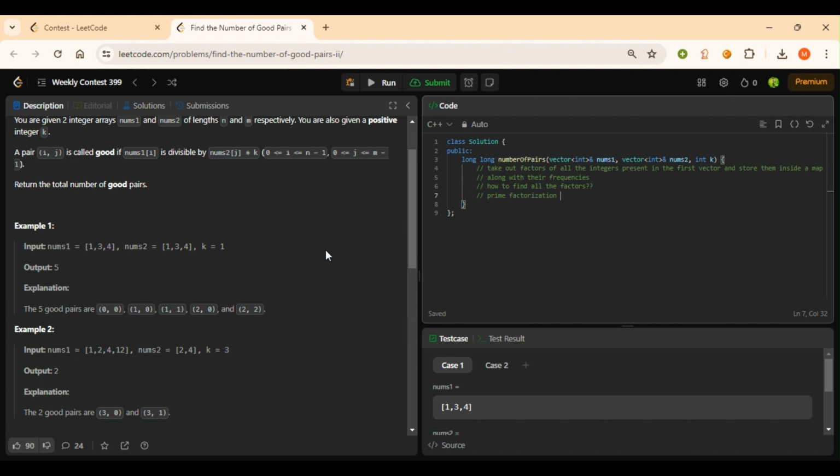How do we do that prime factorization? Let's say the number is num.